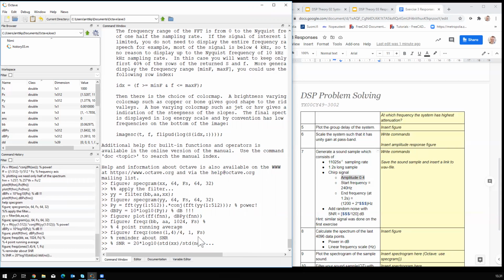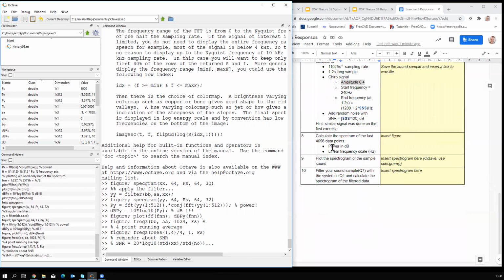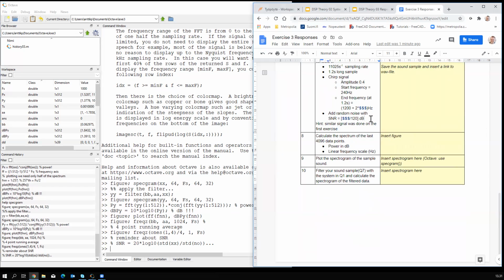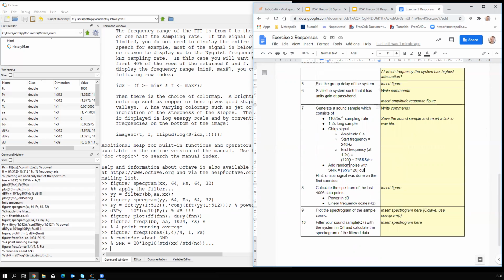And actually, all of those who tested, calculated the signal to noise ratio from the formula to test it before adjusting, all of those were correct. So test before submitting. Okay, so then make some signal with noise, calculate the spectrum of the last 4096 points. That should be quite simple.